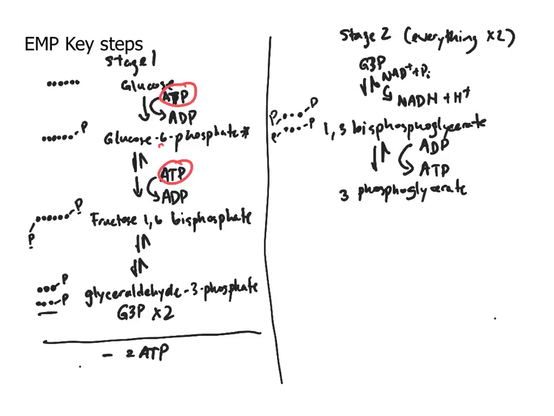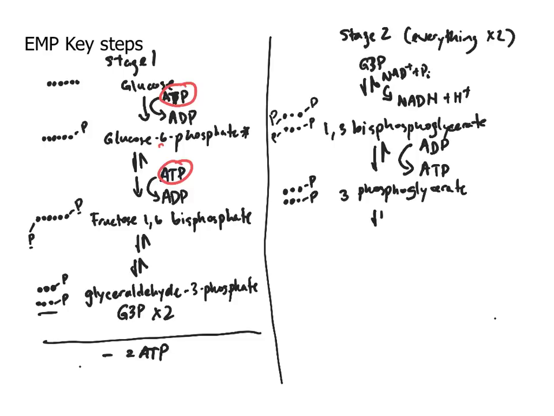You donate one of those phosphates to ADP to get the actual ATP. And so on this end, you'll just have ones that have the phosphate on the 3 carbon.